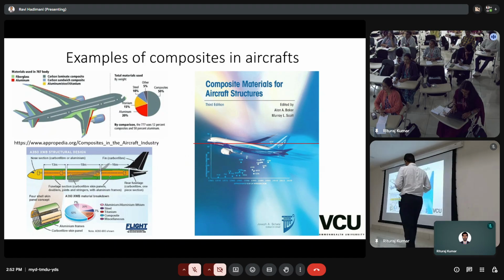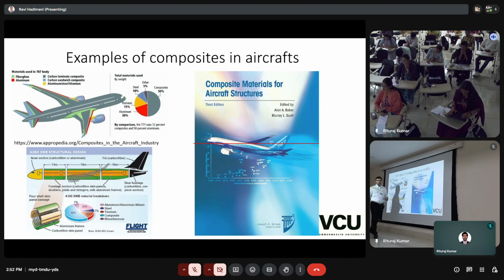Okay, so this is Airbus A350. There you have 52% composite. Airbus A350 has 52, Boeing 787 has 50%. So more and more aircrafts will have higher and higher percent of composites in the coming years.